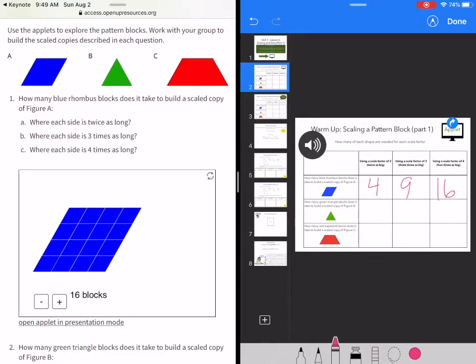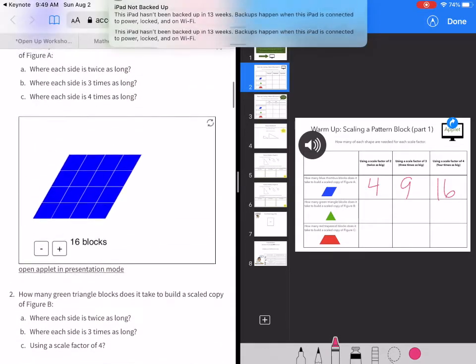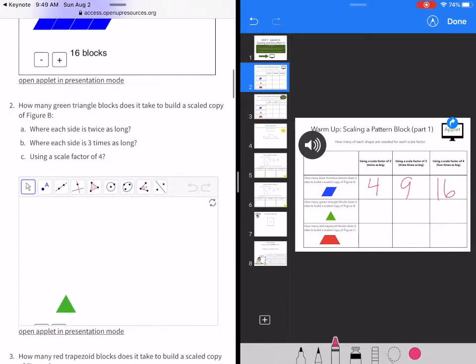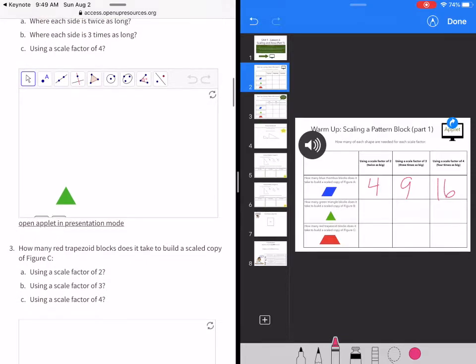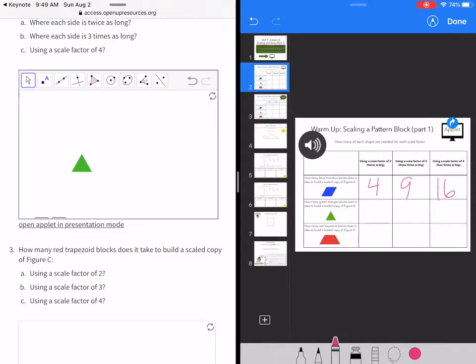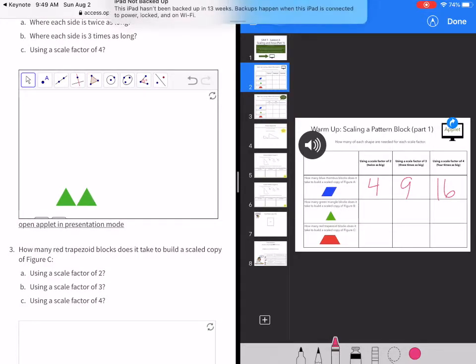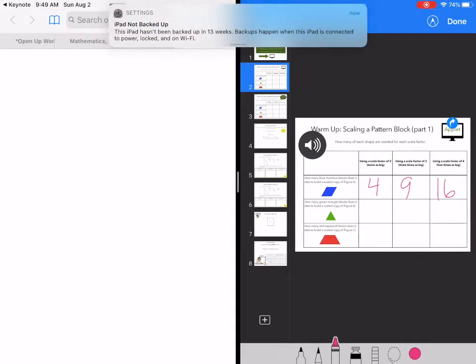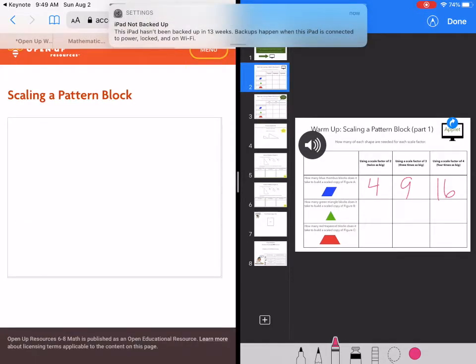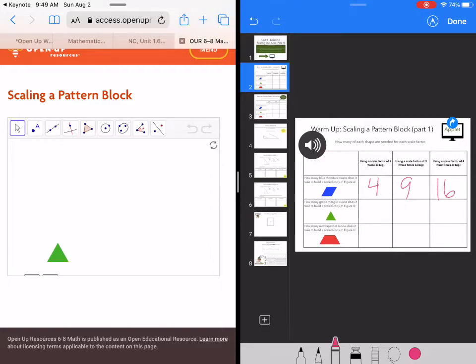Then if I want to do the triangle, I'm going to think about that one. If I want it to be twice as big, that's twice as wide, but I want it twice as big. So I would need 4.